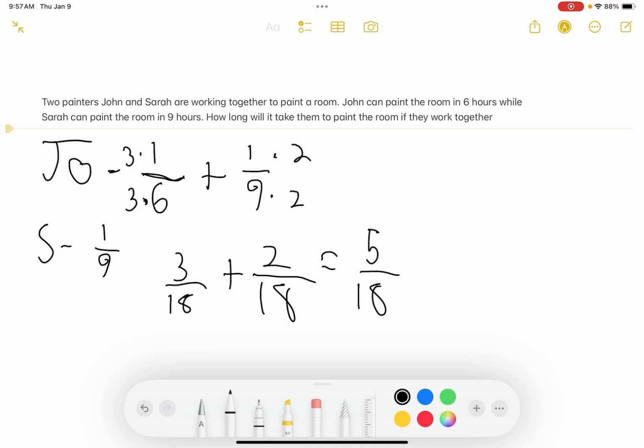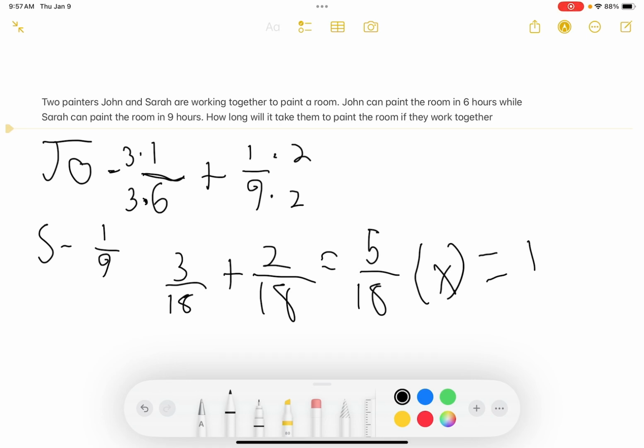But now we're gonna let x equal how long it will take them to finish the job. So 5 over 18, we're gonna multiply that by x. 5 over 18 times x equals 1, because they're only doing one job.